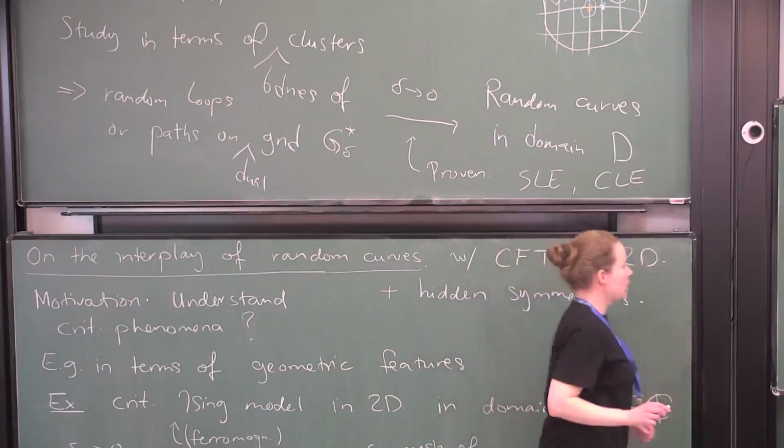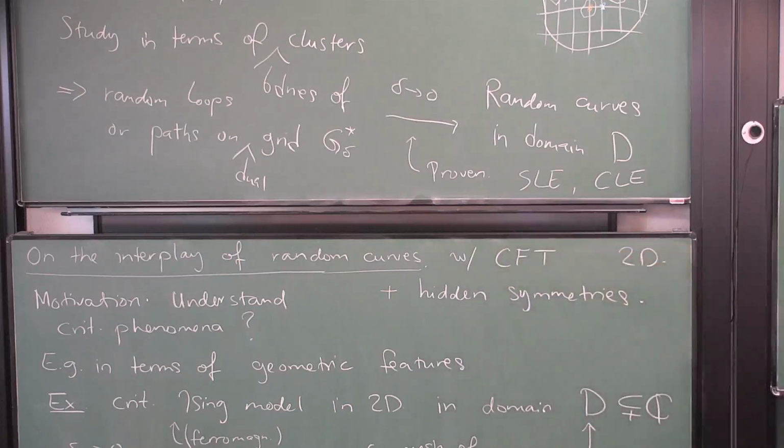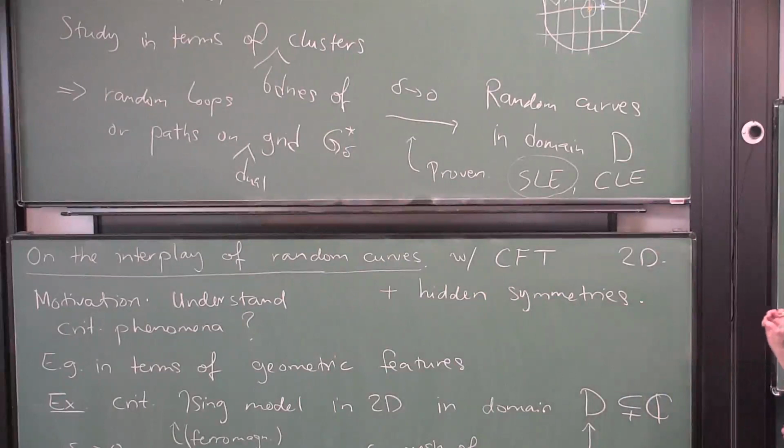And so what I want to focus on are these paths, which is the SLE part, because then you can somehow say more easily that certain ones always survive, for example. So this is the easiest kind of setup, let's say.